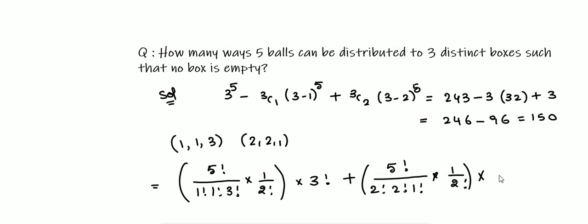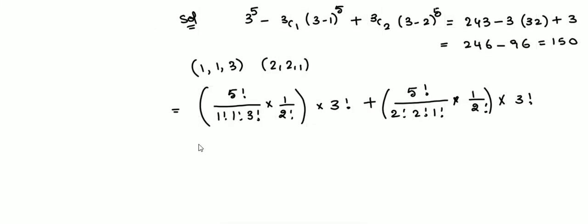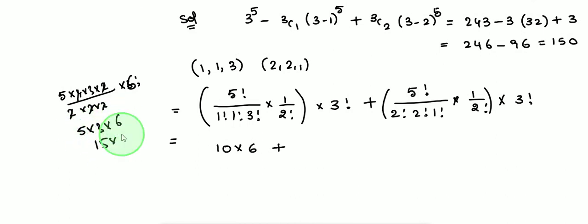If you simplify this part, the first case is 5 factorial by 3 factorial times 1 by 2 times 3 factorial, which gives 20 by 2, 10, times 6, which is 60. The second case gives 5, 3, 6, so 15 times 6, which is 90. 60 plus 90 is equal to 150.